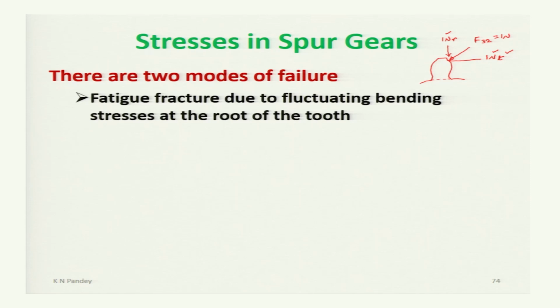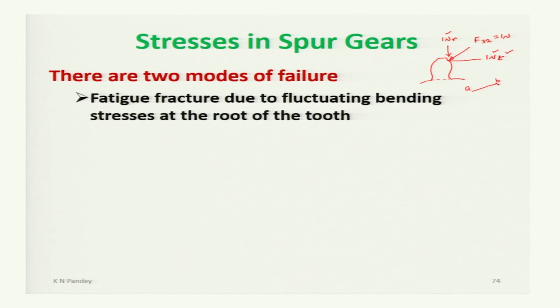And those bending stresses will be fluctuating because a tooth will be under engagement along the line of action from a point of engagement A to the end of engagement B with the usual nomenclature which we had used in our earlier study. So along AB there is a contact between a pair of gear teeth.